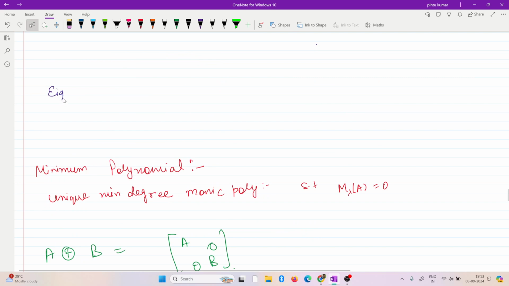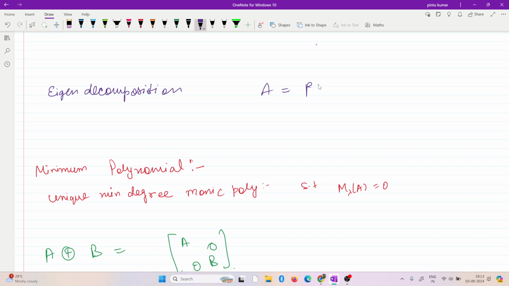In eigen decomposition, for some matrix A, we want to write it in the form P D P inverse, where P contains all your eigenvectors and D is a diagonal matrix. One application I discussed at that time is that if you want to calculate A to the power n, it is nothing but P D to the power n P inverse, where D is a diagonal matrix, so taking D to the power n is very easy.